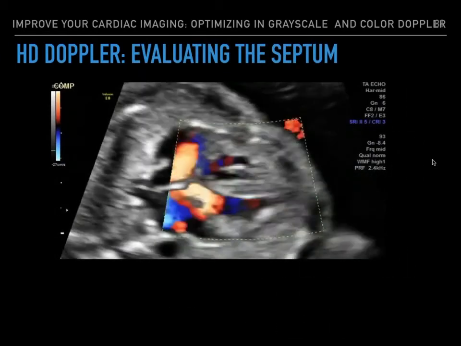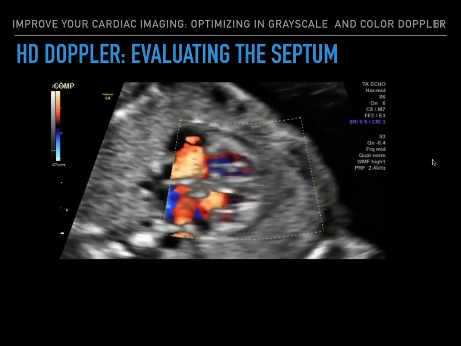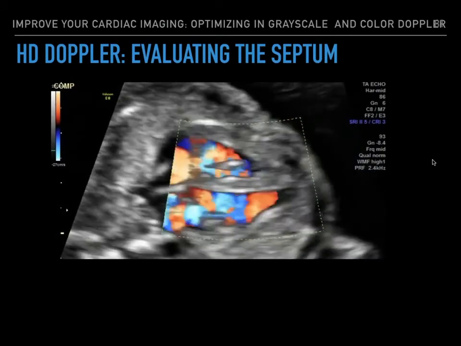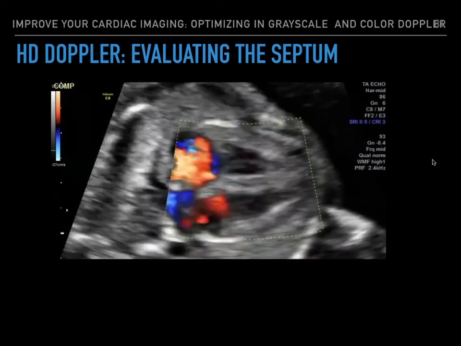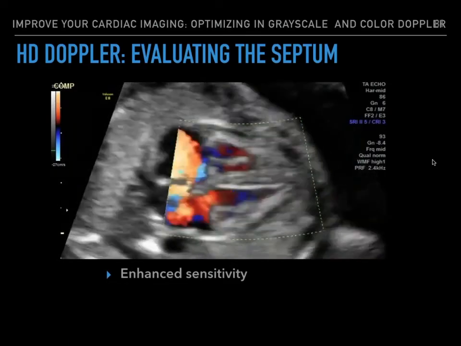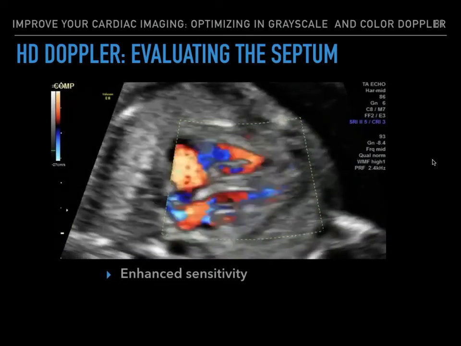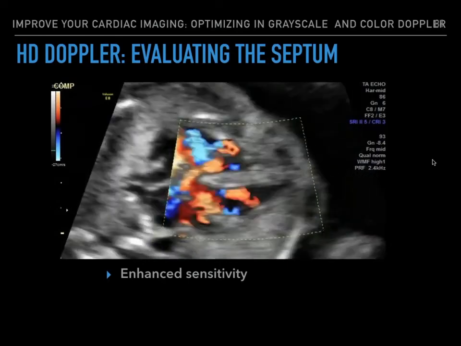HD Doppler is also especially useful when evaluating the ventricular septum for small wall defects. High definition's advantage is less blooming artifact compared to color, and also enhanced sensitivity to even the smallest of Doppler shifts, so we're able to detect even the tiniest ventricular septal defects across the wall.